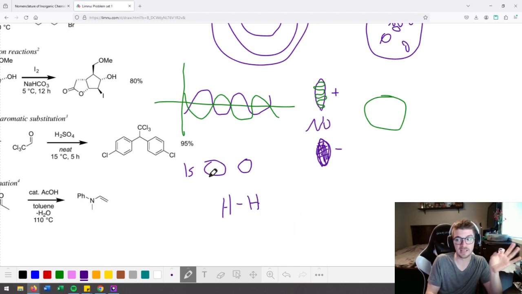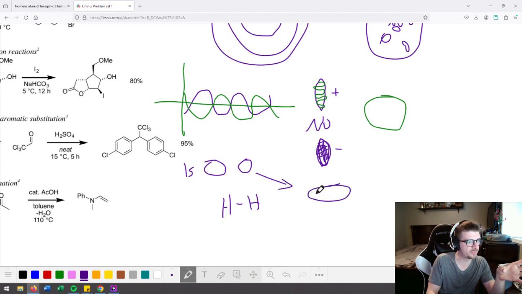There can be an in-phase interaction, where both of these spheres of electron density overlap, and they'll look like this.